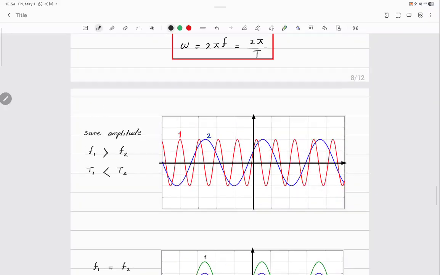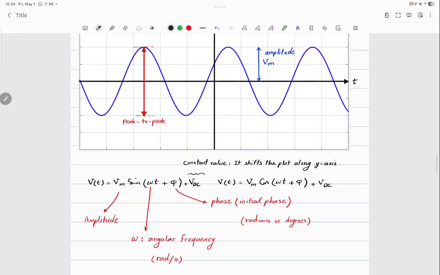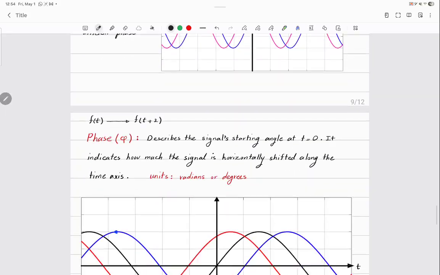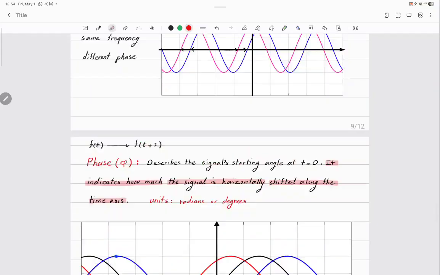Now, based on that, you can understand that phi is actually a measure of how shifted your signal is along the horizontal axis. It indicates how much the signal is horizontally shifted along the time axis. Also, I've written it to describe the signal's starting angle at t equals 0. Why?